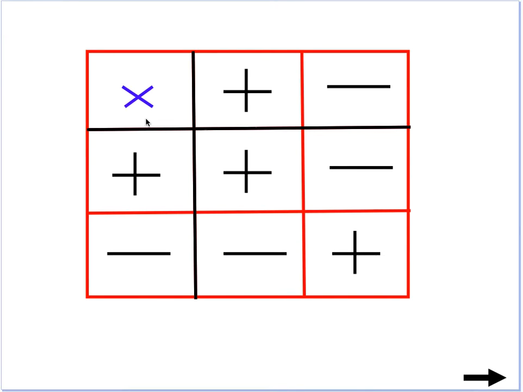So if we take a look over here, this is a graph that really just dictates how we do multiplication of positive and negative integers. When we have a positive number multiplied with a positive number, our answer is going to be positive. When we have a negative number multiplied with a positive number, our answer is going to be negative.